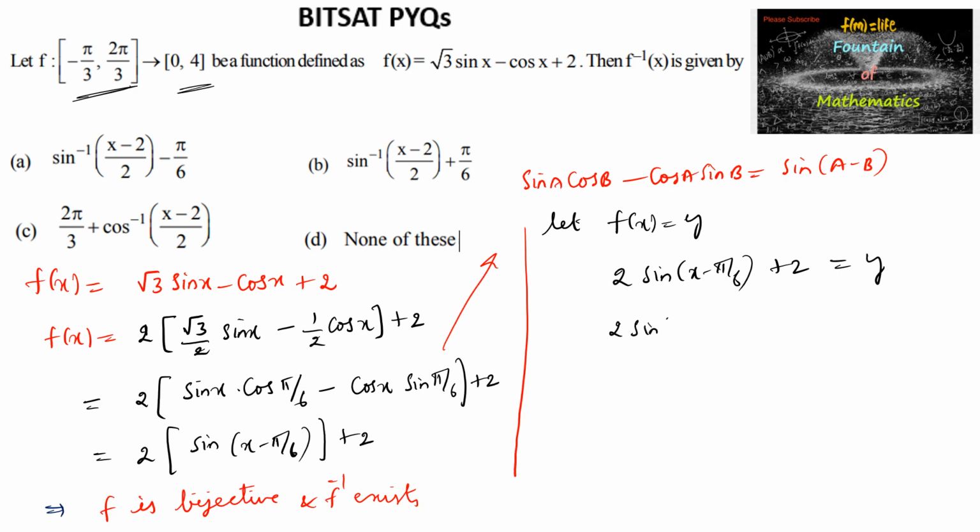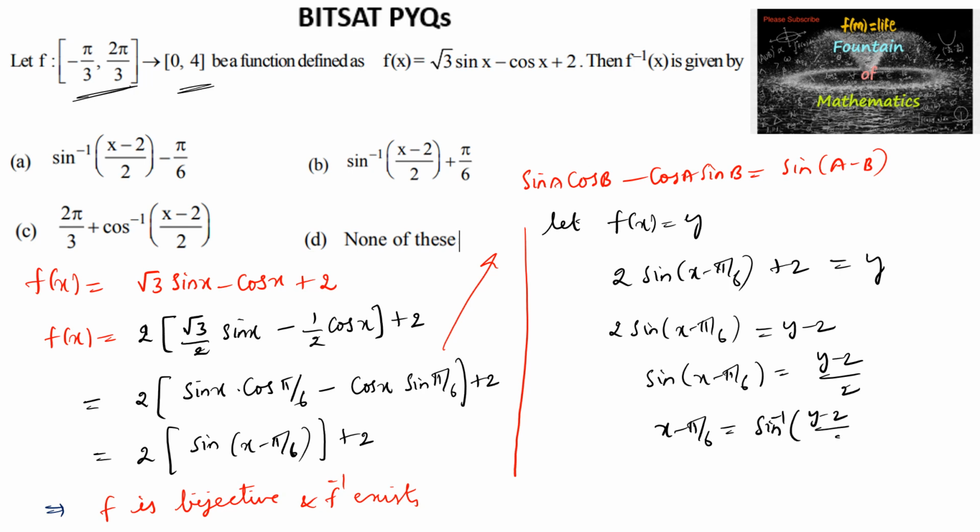So 2 sine of x minus pi by 6 is equal to y minus 2, or sine of x minus pi by 6 is equal to y minus 2 upon 2, or x minus pi by 6 is equal to sine inverse of y minus 2 upon 2, or we can write x is equal to sine inverse of y minus 2 upon 2 plus pi by 6.